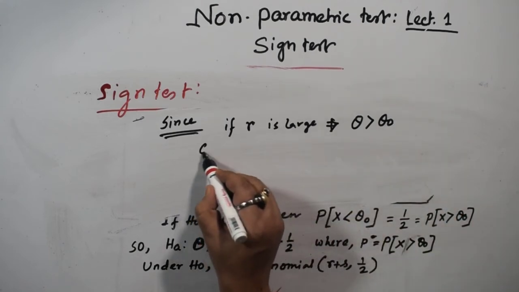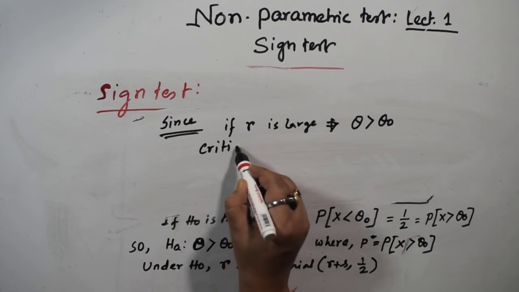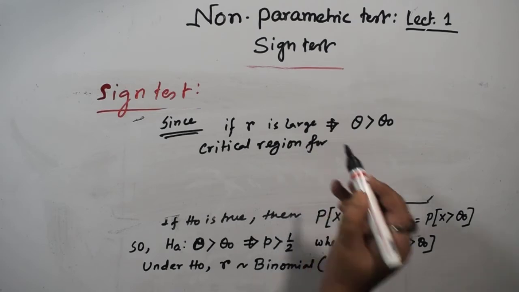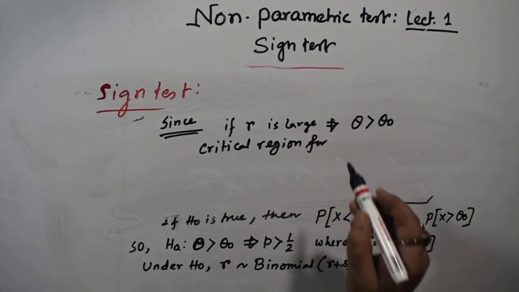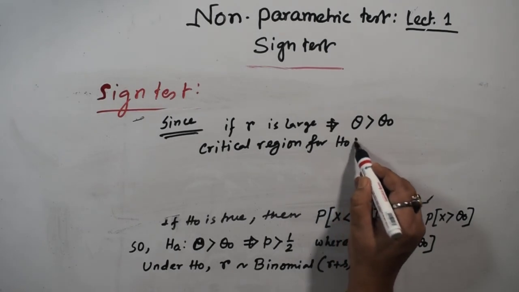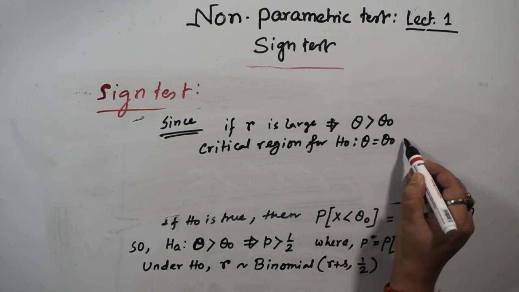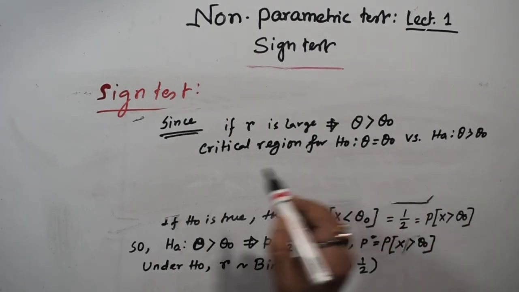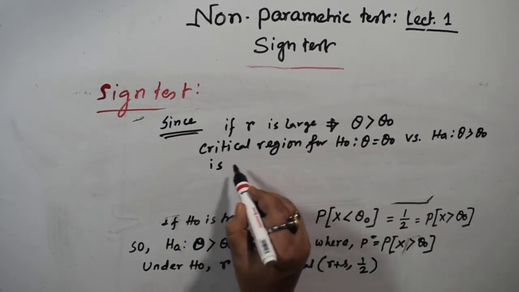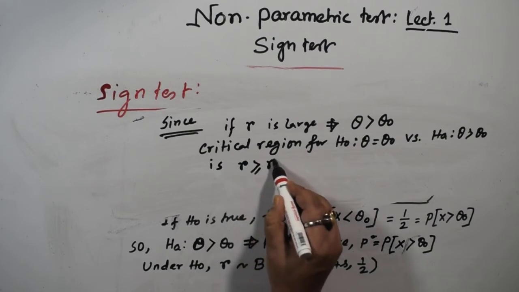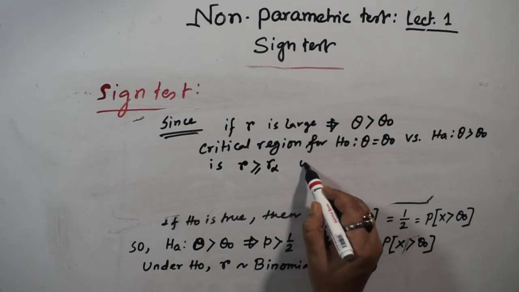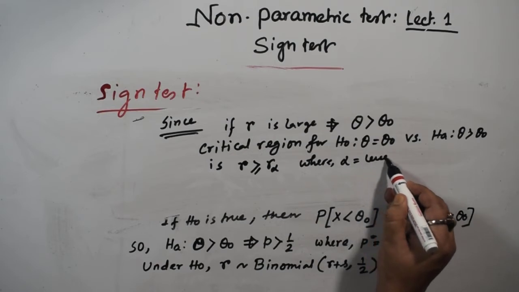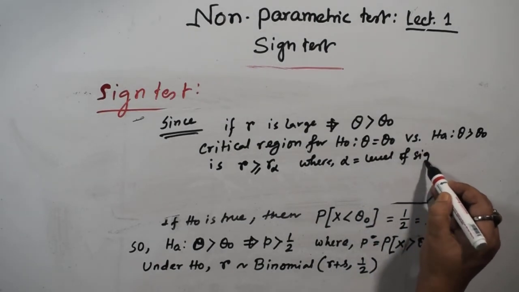So the critical region for testing H naught theta equal to theta naught versus HA theta greater than theta naught is this: R should be greater than R alpha, where alpha is the level of significance.